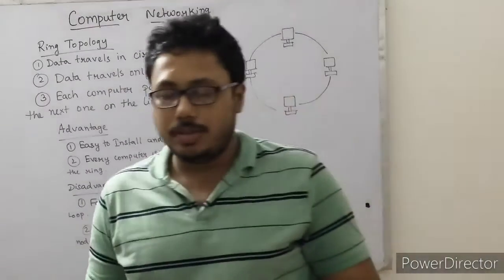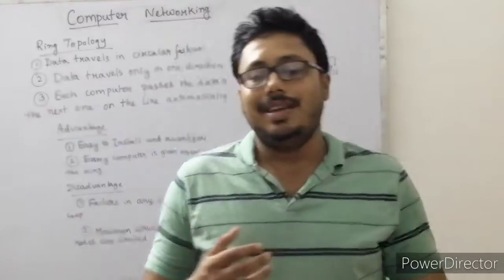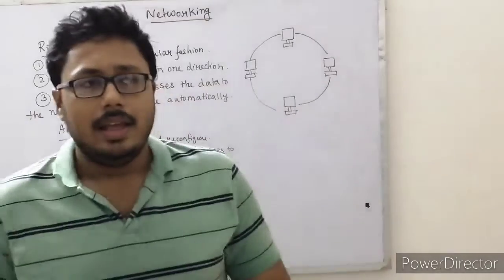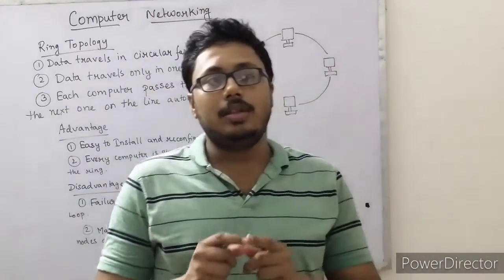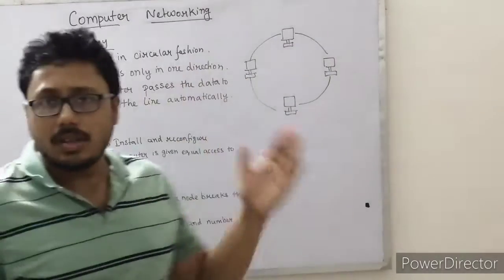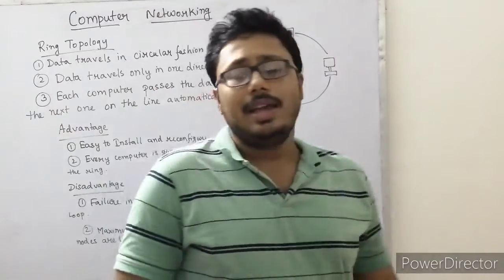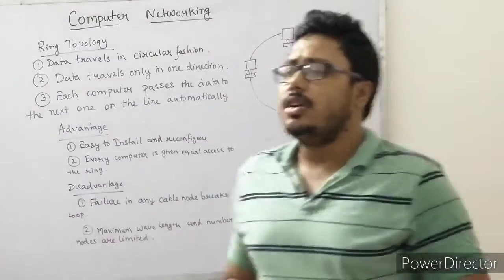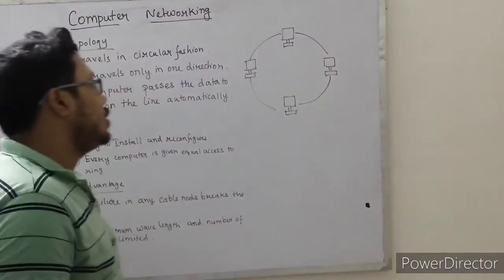First of all, if I say ring, what will come to our mind first? It may be something in a circular shape. In this case also, this topology is in a circular shape. Data transmission occurs in a circular shape like this.